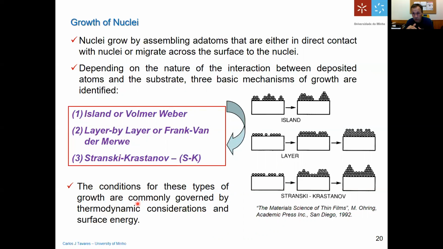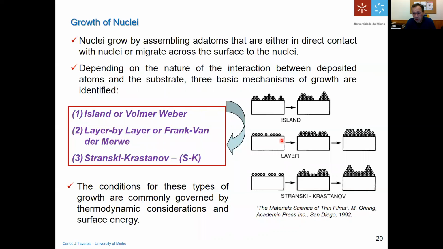Okay, they don't want to grow on the surface. And this is what you're seeing here, for example, on the atom growth. You see here atoms that reach the surface, but they have some mobility, some energy, and they prefer to grow on top of other atoms of the same type which are already there. So you will have an island type of growth.